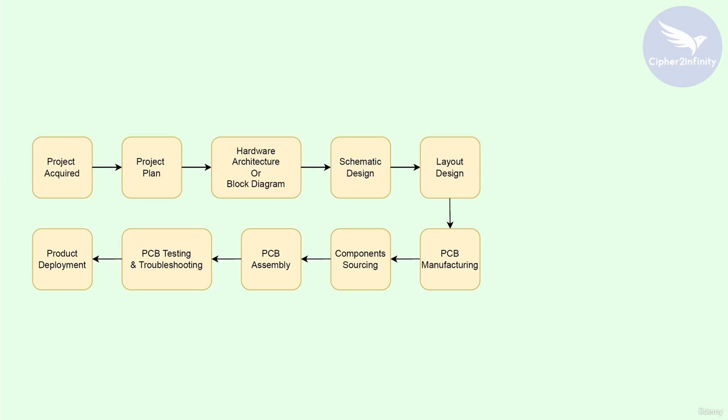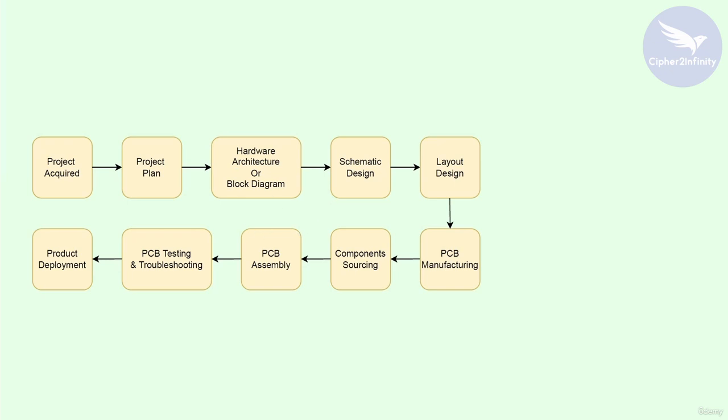But these blocks are the primary stages of the hardware development process, and they will be there no matter what type of electronics product you work on. So listen to this video properly.